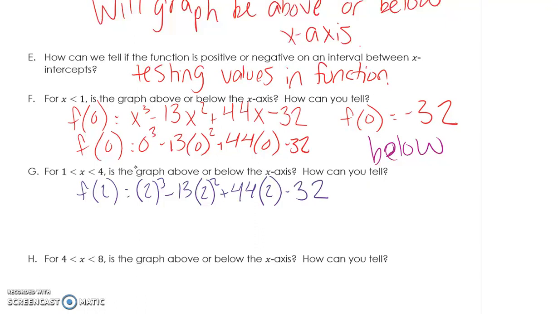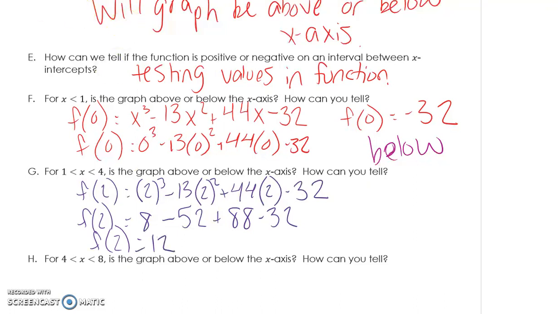And you can go ahead and calculate that. And we do indeed end up with a positive 12. So that means it's going to fall above.